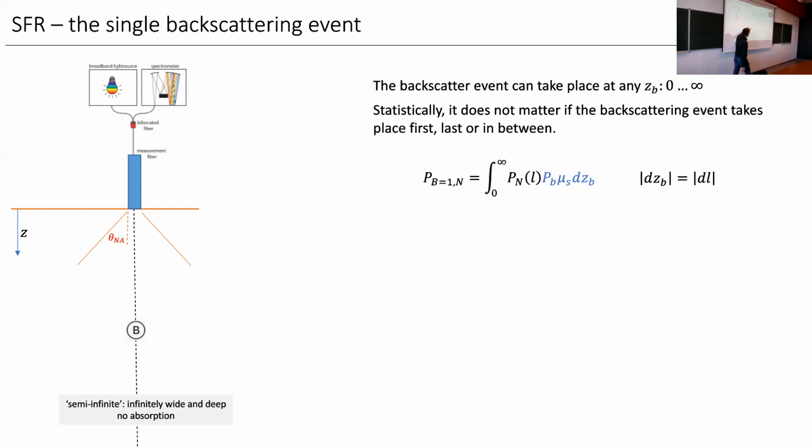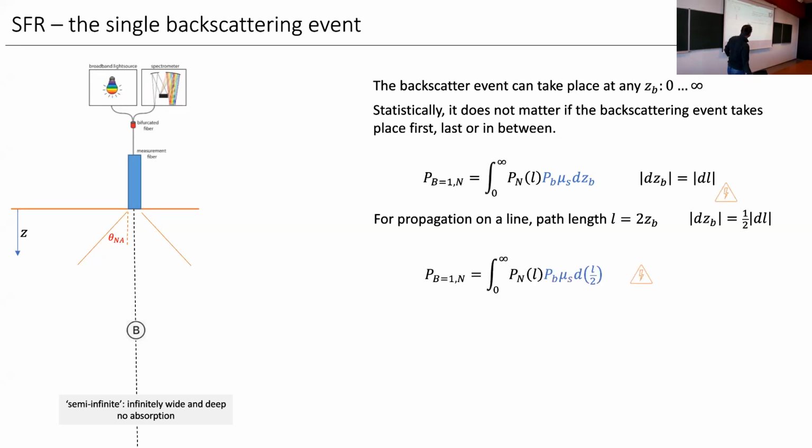Let's set zB, the position of the backscatter event, to go from 0 to infinity. If zB is the location of the backscatter event, the total path length is 2 times zB. So take that into account for the integral.